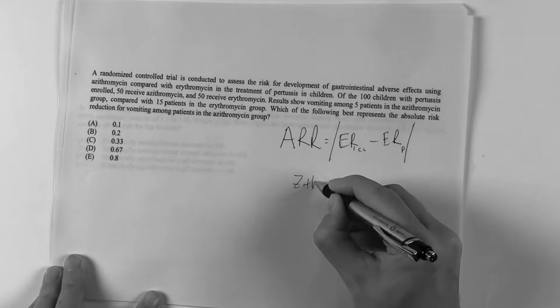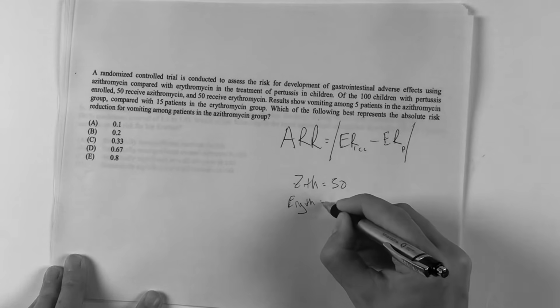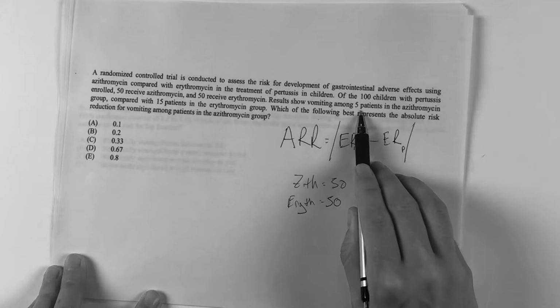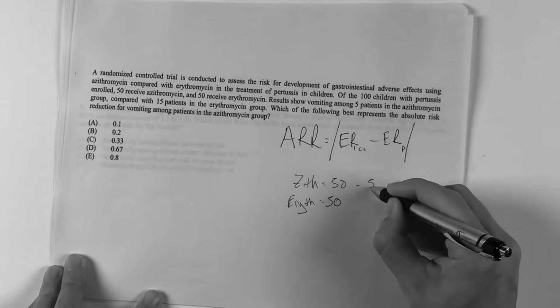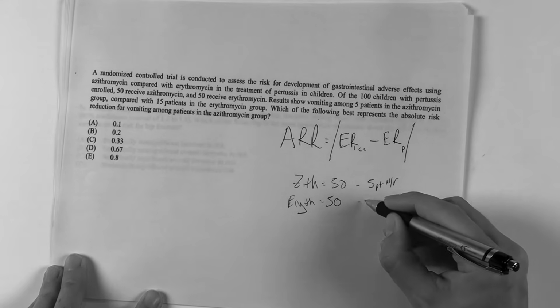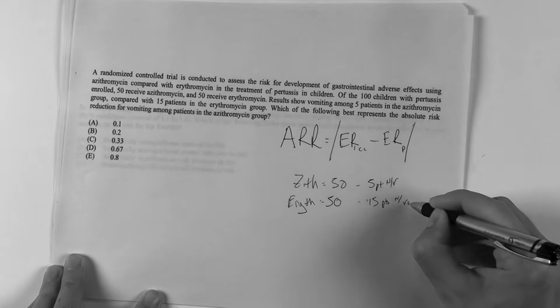So let me see, we're going to say 50 and 50. Results show vomiting among 5 patients in the azithromycin group. Okay, 5 patients had nausea, vomiting, and then compared to 15 patients in the erythro group.